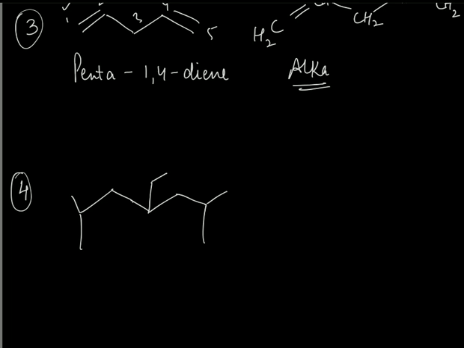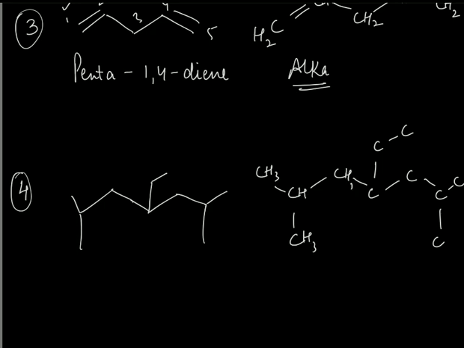Then we go to the next one. Now again, if you're not comfortable with the bond line notation, you can draw like this just for your understanding and as per your comfort. Here you can put the hydrogens. Some people don't add hydrogens, but I always suggest that hydrogens should be there if you are making a condensed formula.